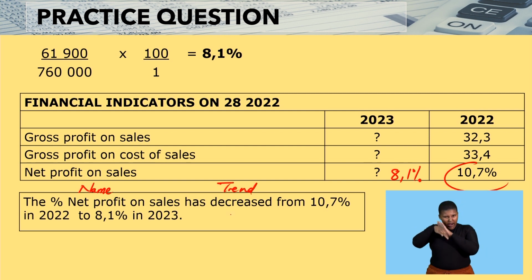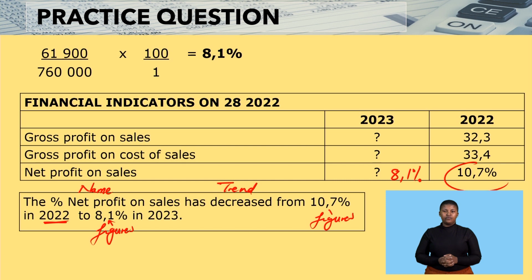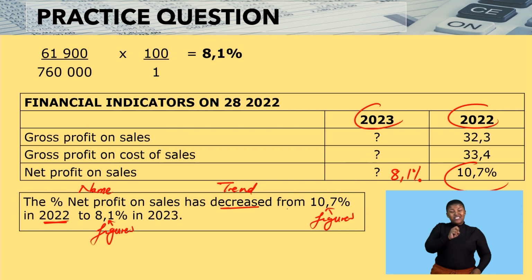It has decreased from 10.7% in 2022 to 8.1% in 2023. Now, these are your figures. You need to include figures when you comment. This is how you comment after you have calculated your financial indicators.